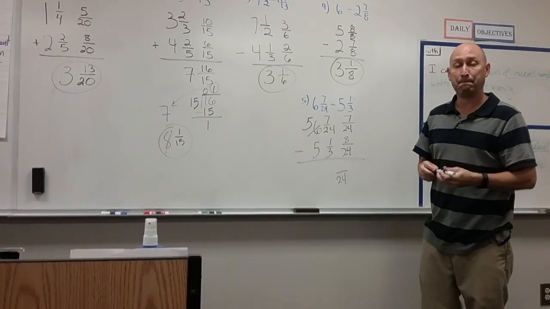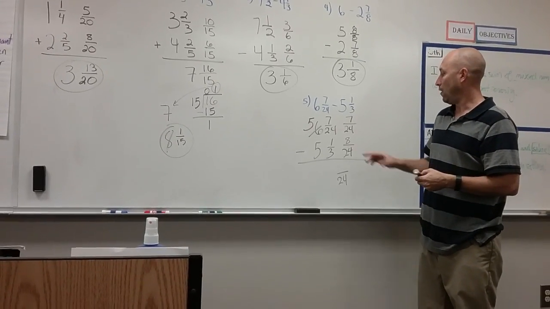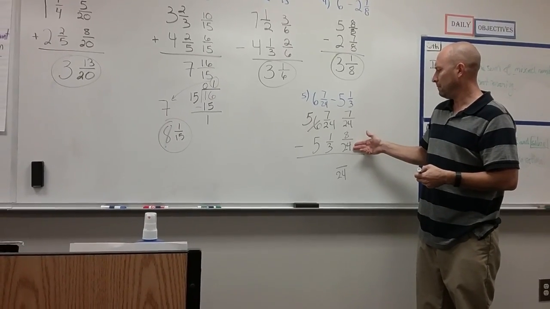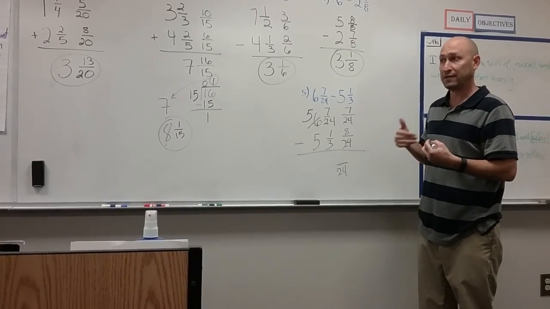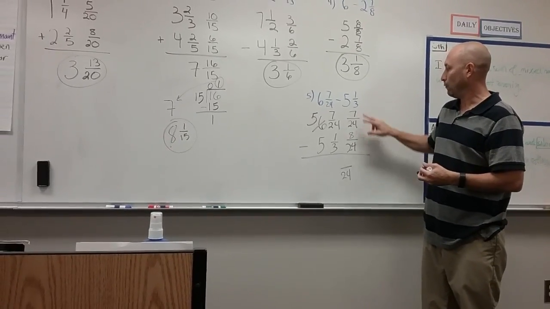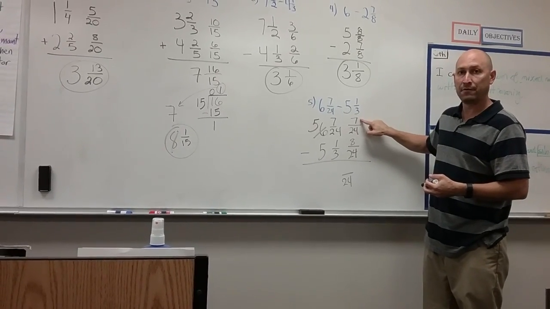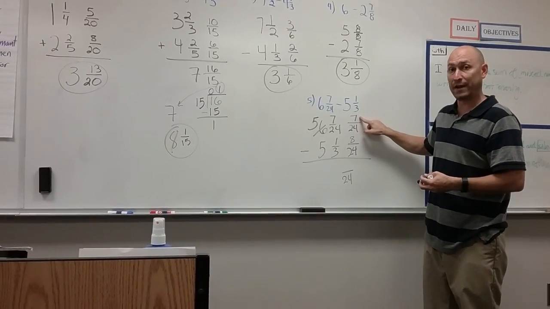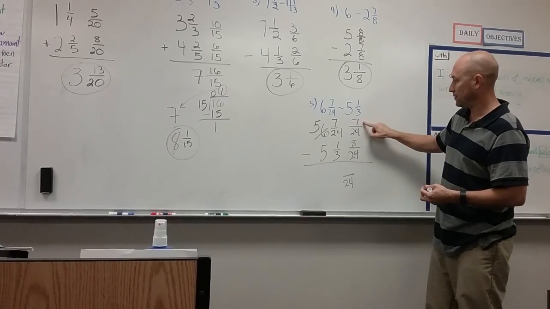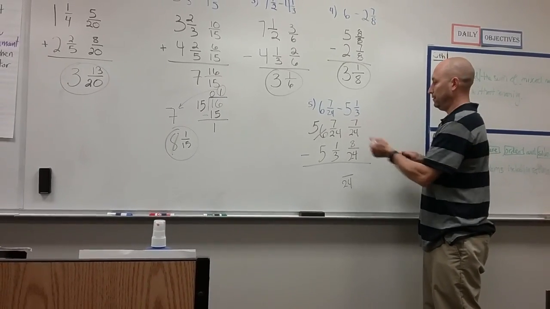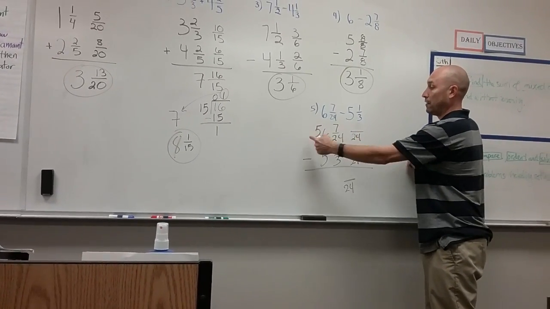Now the amount that I borrowed was the whole number of the denominator. So I'm borrowing 24/24. And what I want to do is add that to the numerator that's already there. I don't want to replace it, but I want to add it. So 24/24 gets added to the 7 because it's equal to the 1 we borrowed.